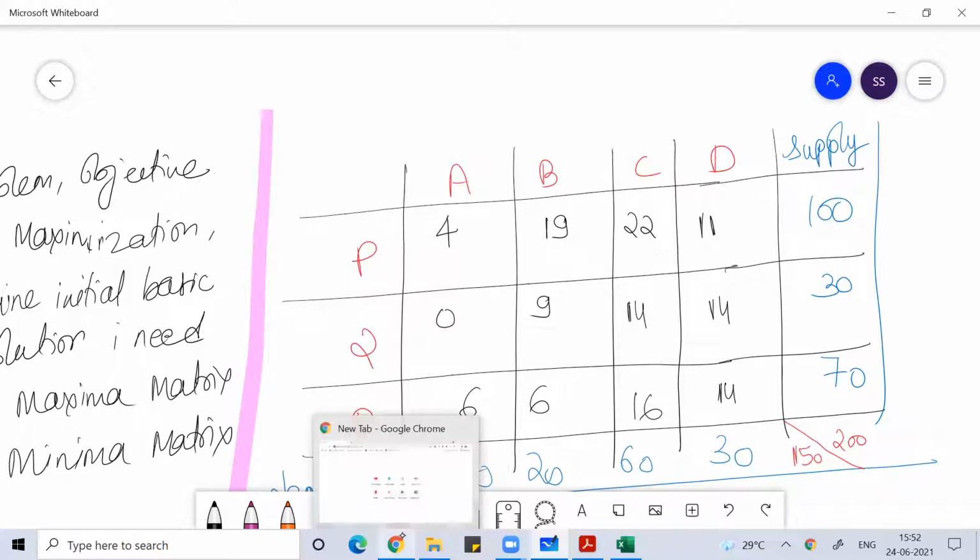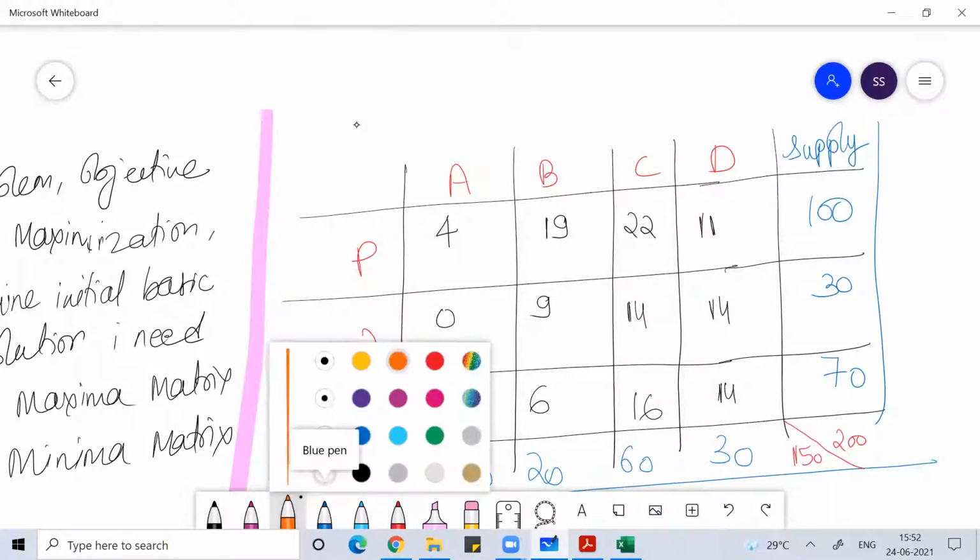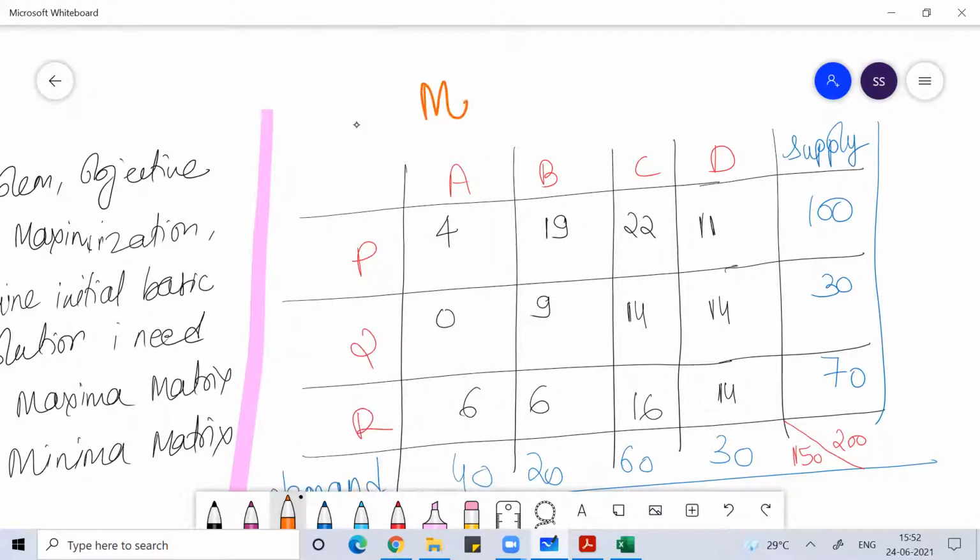Clear? Now, guys, if you notice in the problem, I converted the maximal matrix into a minimum matrix, but still this is unbalanced.